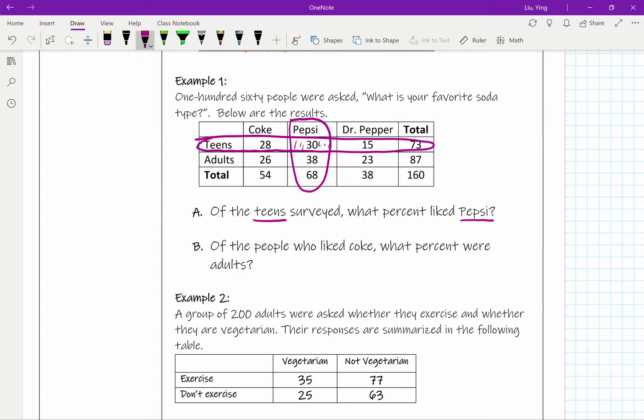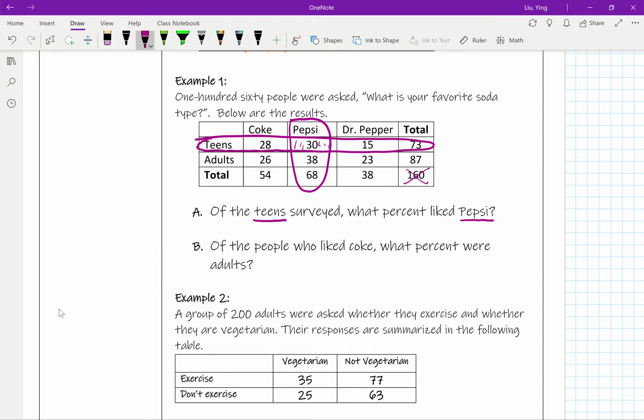Now, the difference is that we can't just divide 30 by the total number of people like we did before, because of how it's worded. The question says, of the teens surveyed. So it's saying that I don't care about the rest of the people. I don't care about the total number.